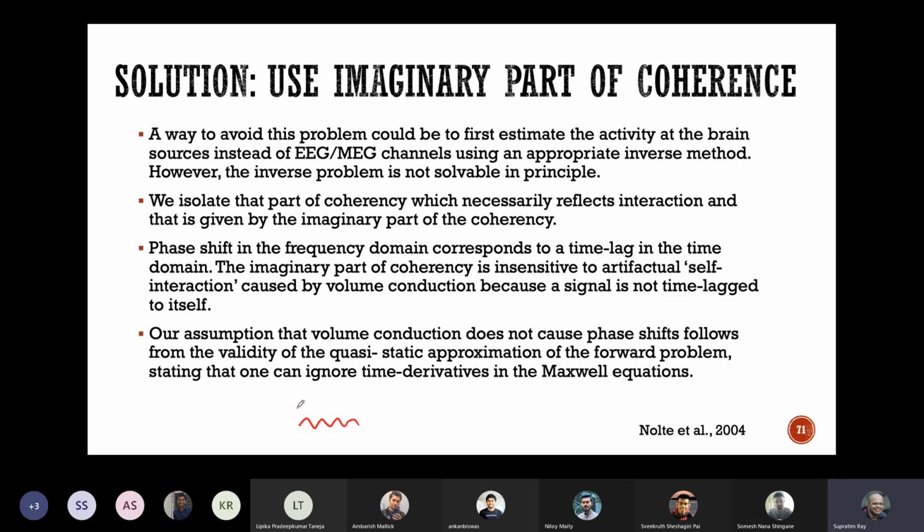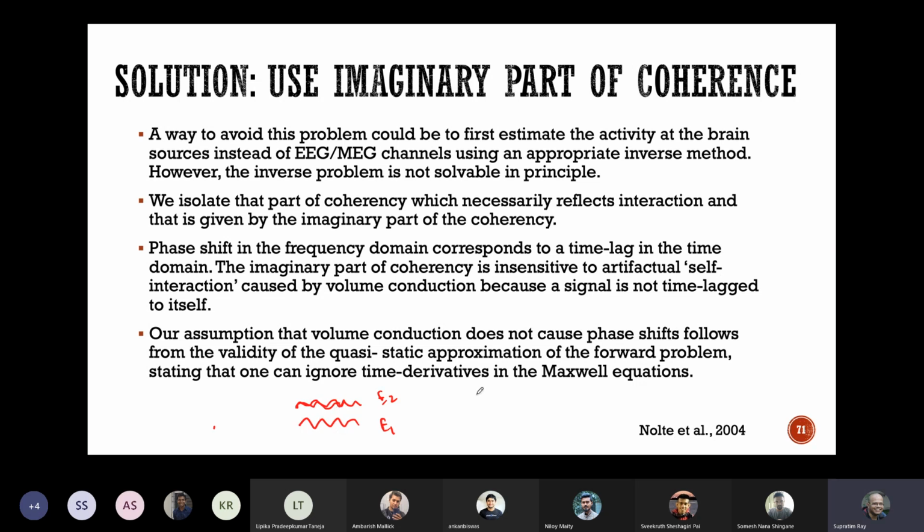So if this is one electrode and this is a scaled version of this, there is some source, and two electrodes E1 and E2 are picking up noisy versions of the same activity, then they will actually be at the same phase.